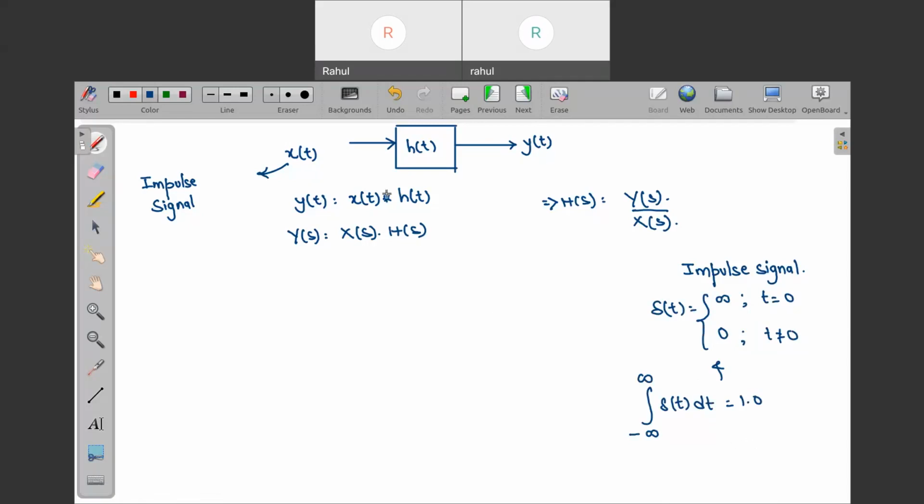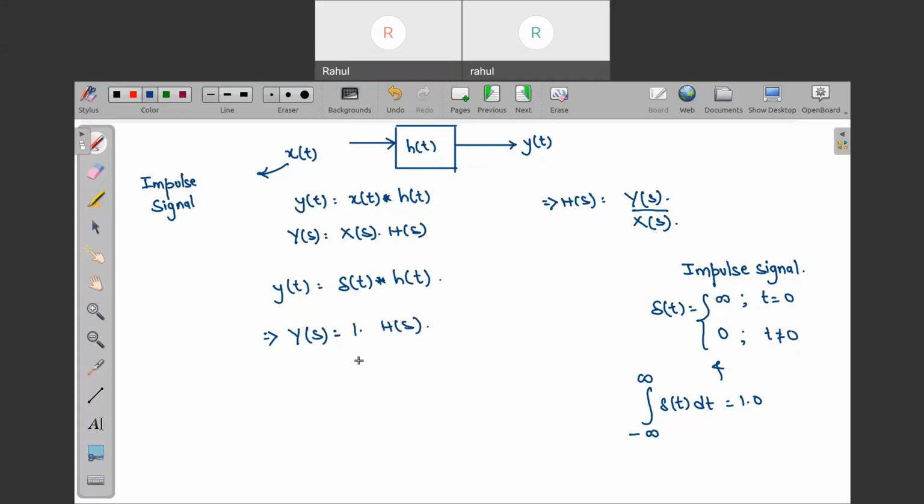So if we give x(t) as impulse, y(t) is equal to delta(t) convolved with h(t). If you take the Laplace transform of this, Y(s) is equal to the Laplace transform of delta(t), which is 1, times H(s).